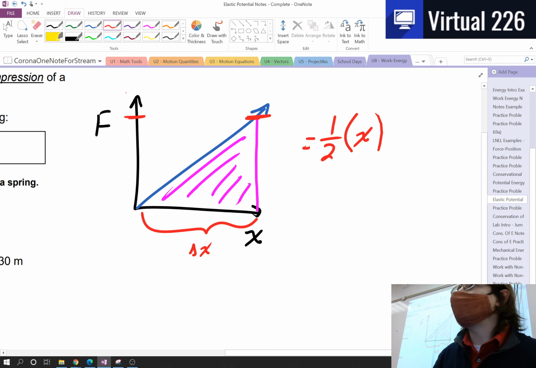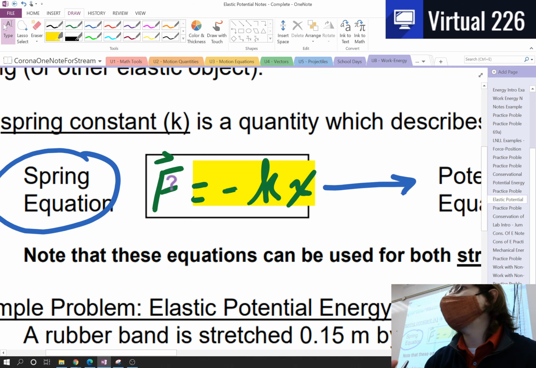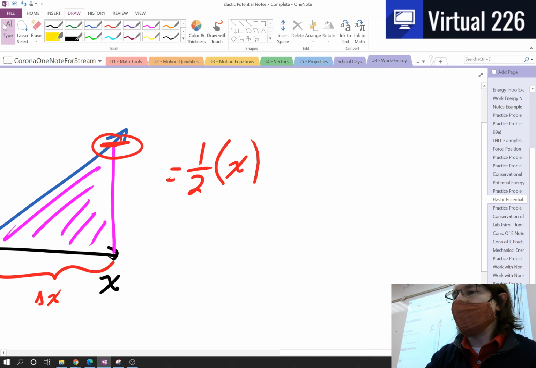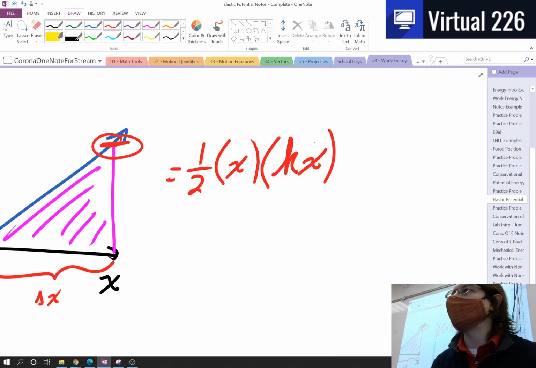Well, how much force does it take to stretch a spring out to this position? We know that. It's this equation, F equals kx. So if that force equals kx, we can come over here and put kx into this equation. I've omitted the negative because that negative is just a convention of what direction the force is acting. I only care about the amount.